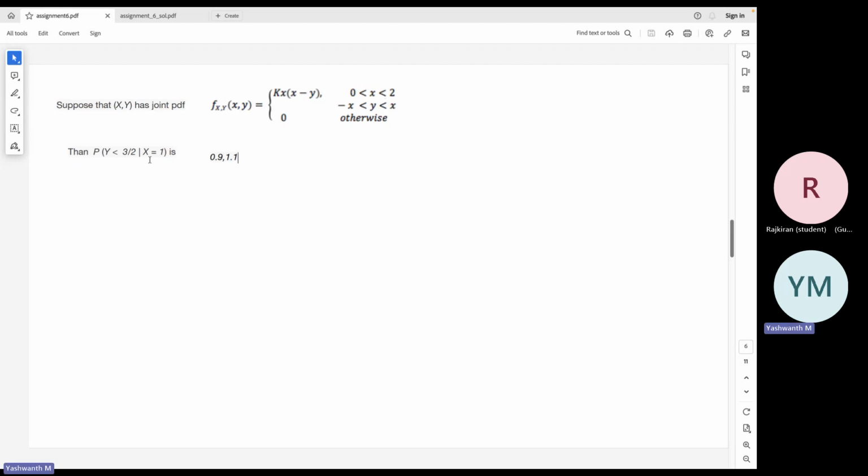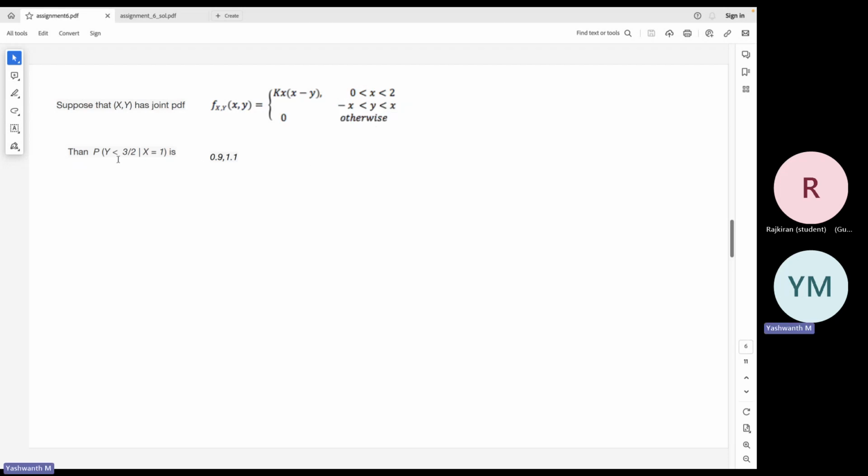Just observe that if x is 1, you don't even need to find k basically. If x is 1, what is the value that y can take? It is minus 1 to 1, because it is given that the density is in this range only.